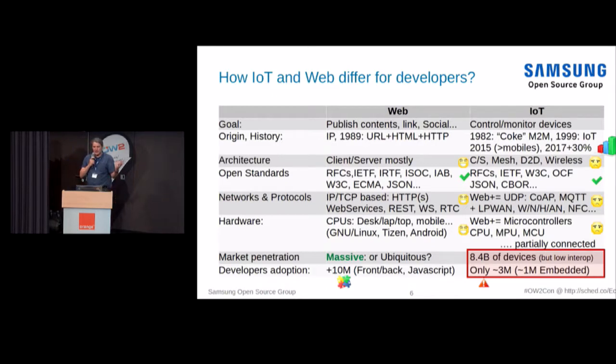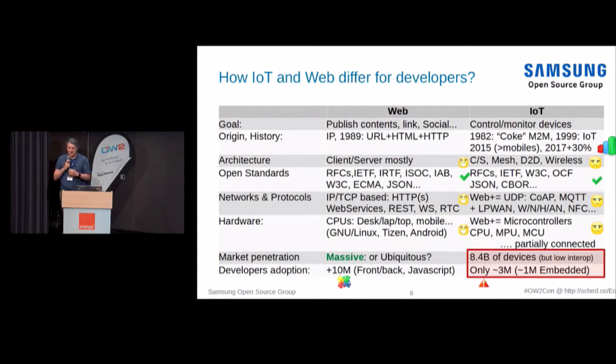In terms of architecture, the web is quite easy because it's a client-server architecture. We have three basic elements from which you can try to build more advanced things: HTTP, HTML, and a unified resource location scheme. For IoT, it's totally different. You have a lot of different protocols, a lot of different contexts.